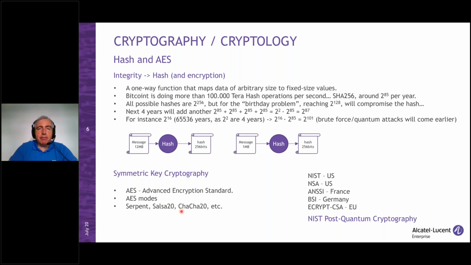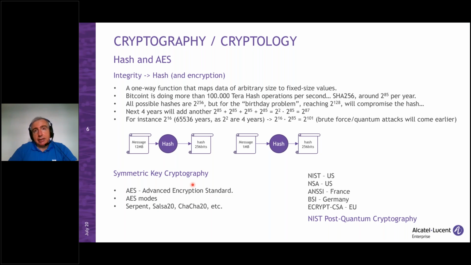There are other standards, for instance in Russia or in China, or for military applications or purpose-built applications. There are other cryptography standards that can be used for symmetric key cryptography, like Serpent or Salsa20 or ChaCha20 or some others.